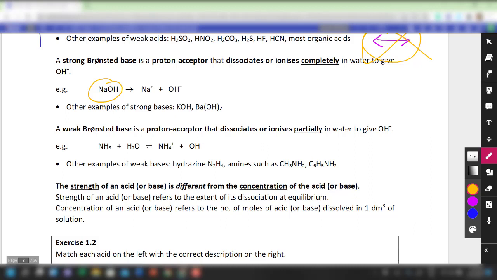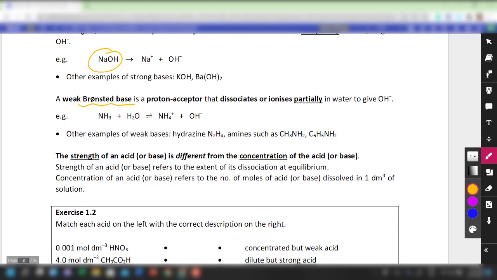On the other hand, weak Bronsted bases tend to be in molecular form. If you learn more organic chem, you will notice that they tend to be amine based. Ammonia is not an amine, so ammonia is ammonia.